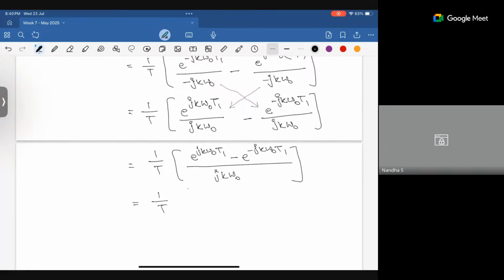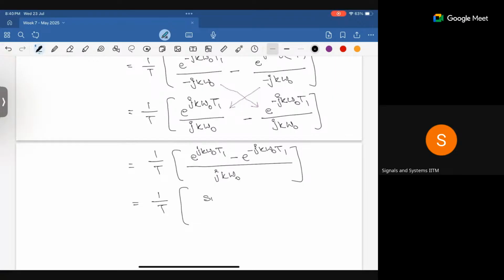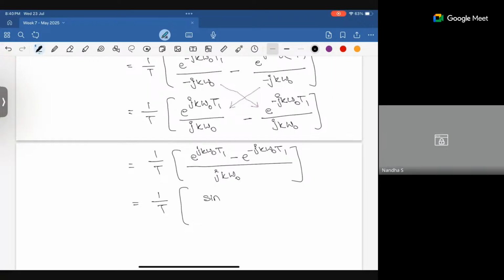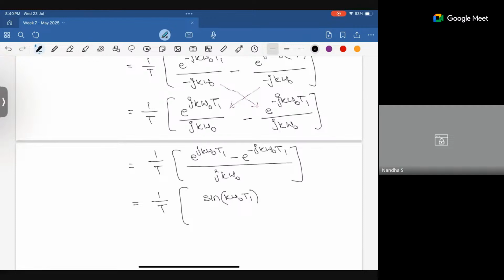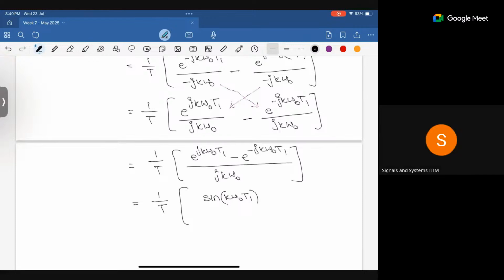Sine, sine k omega naught T1. We are missing something. 2 sine. Still we are missing something. Will it be 2 sine or 2j sine?